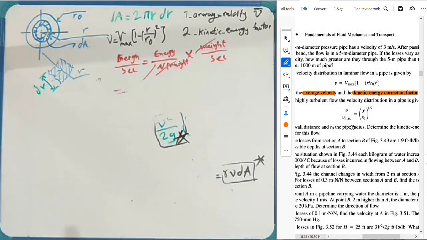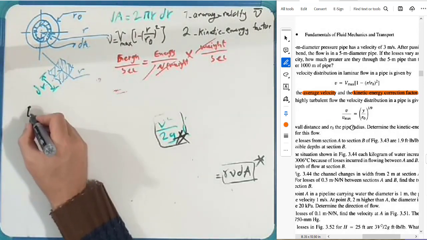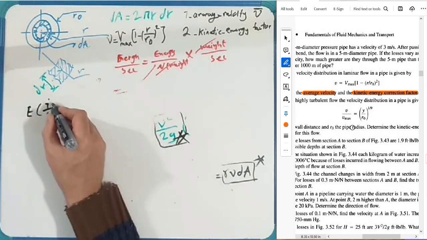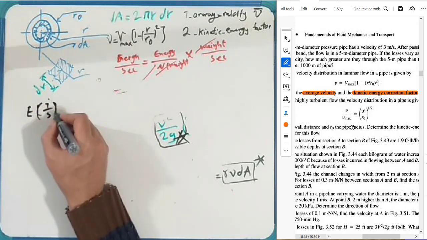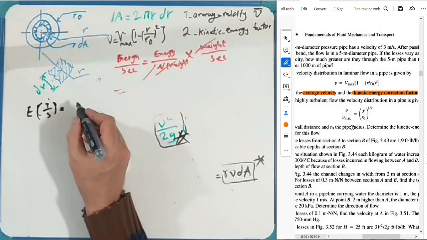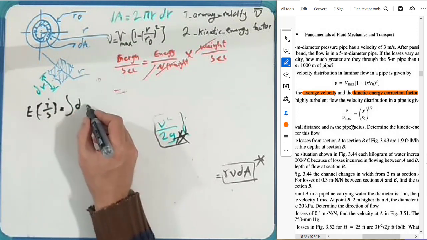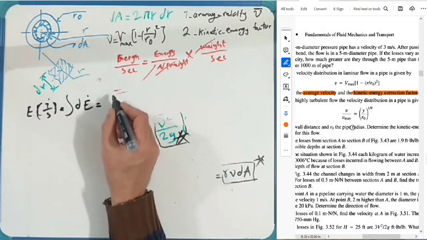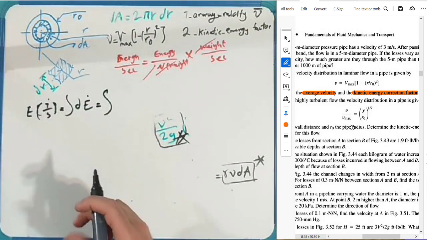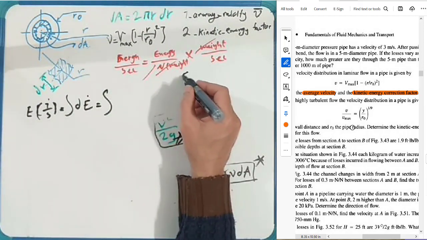Okay, then I can write energy with joule per second equals integral of dE dot equals integral of, let me write it again to be clear.